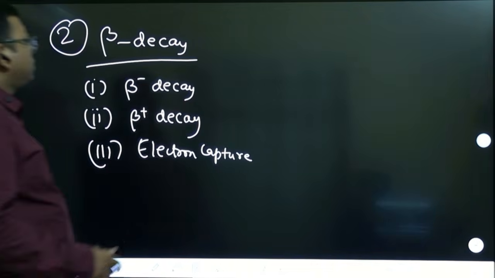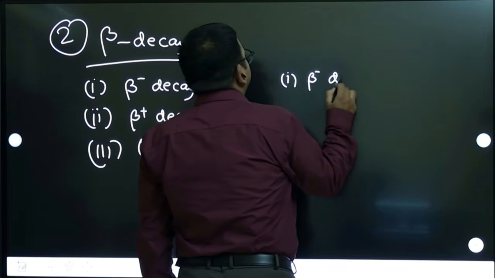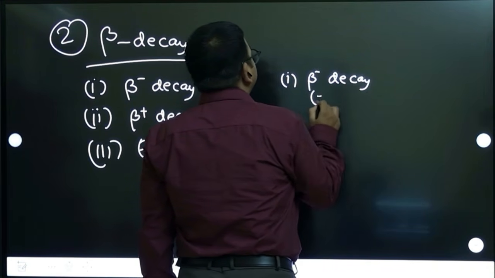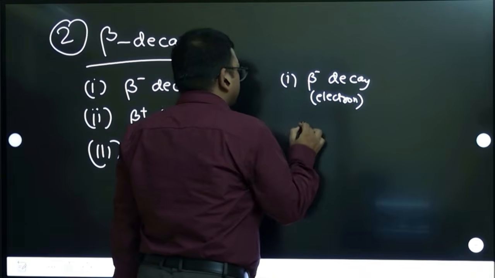Let us take them one by one. First we'll take beta minus decay. Beta minus decay is nothing but an electron coming out.